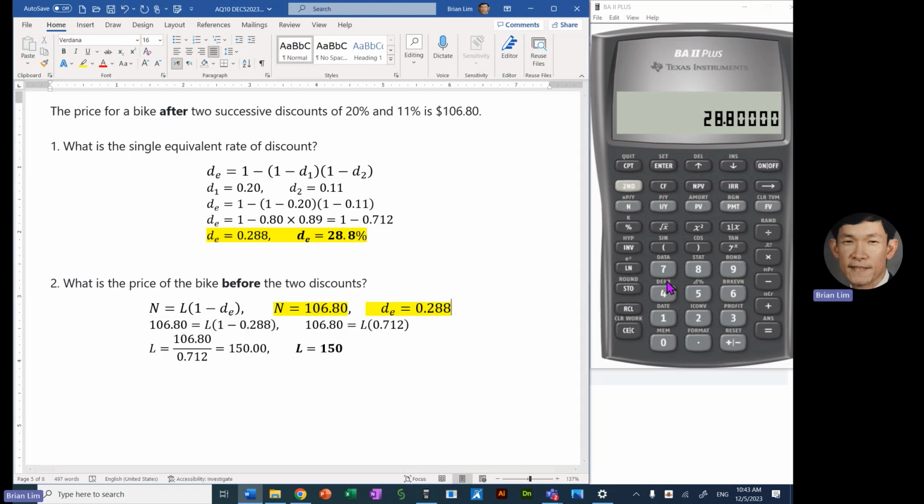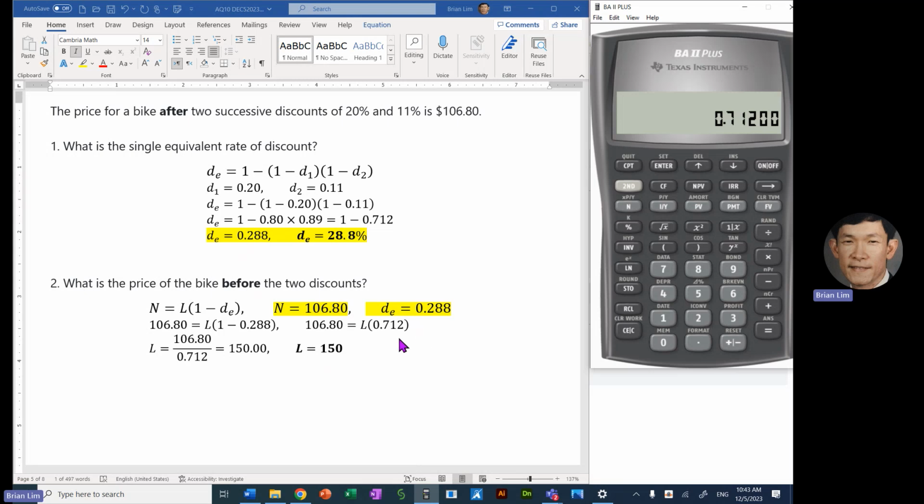If we wish, we could click on percent, and that converts it to a decimal, which is what we have right here. Now you can go 1 minus 0.288, but like I told you before, why don't we just hit plus minus and add 1, and that will perform the operation for us.